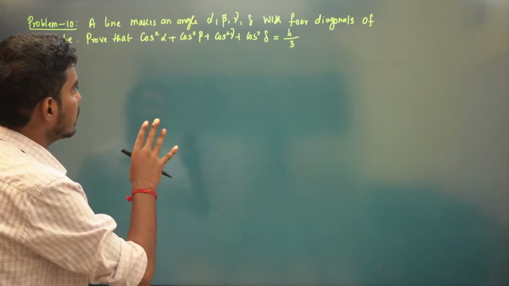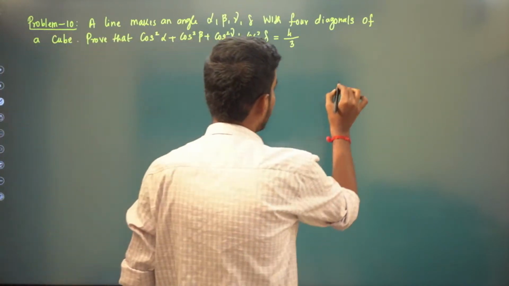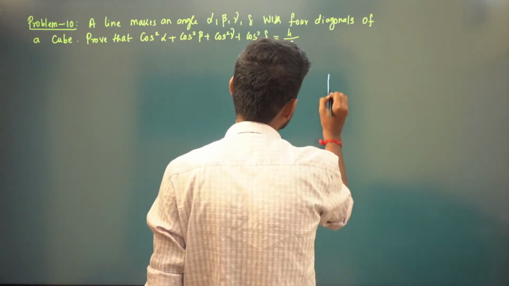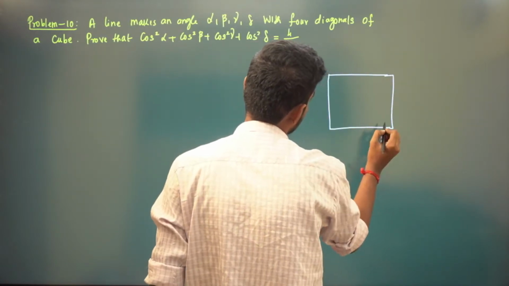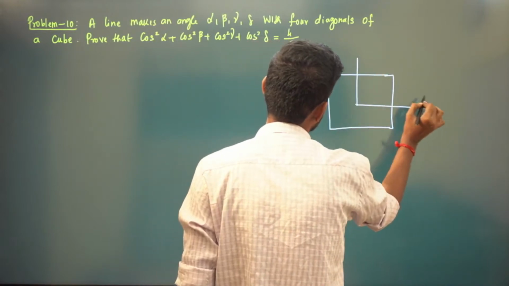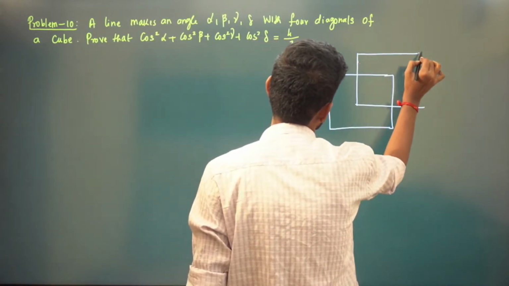A line makes angles alpha, beta, gamma. Very easy problem, very important problem. So we have a cube. Cube means we have to draw squares.